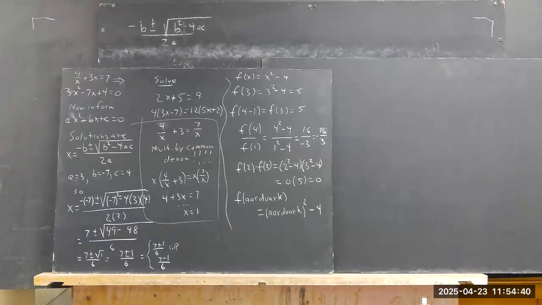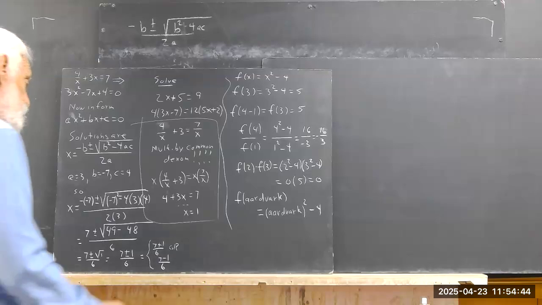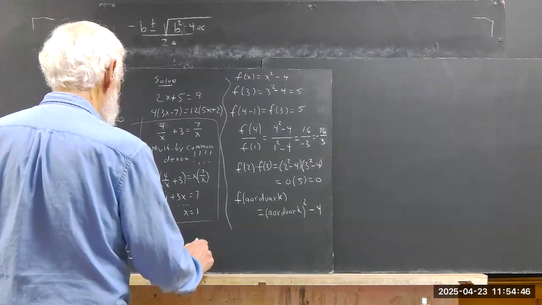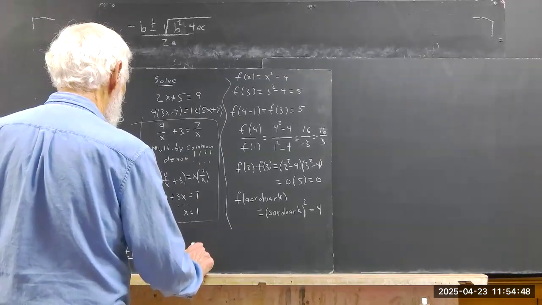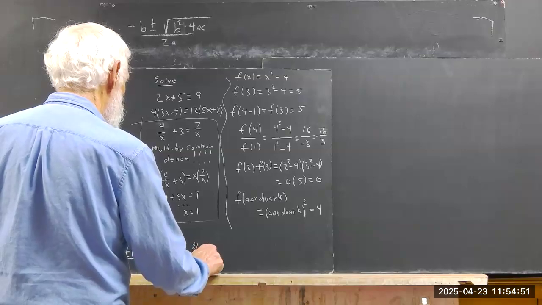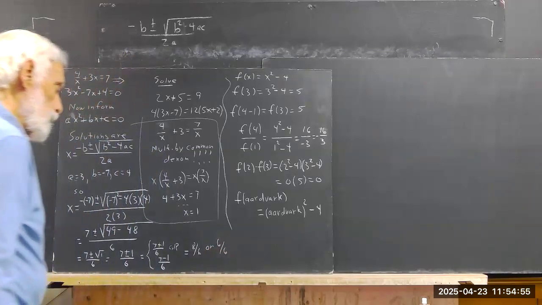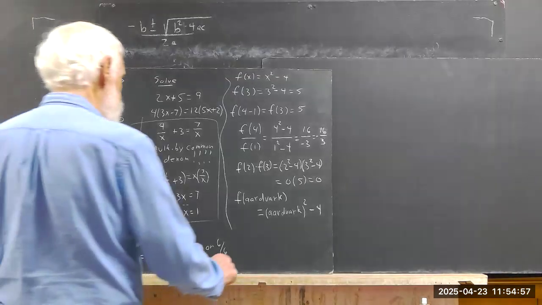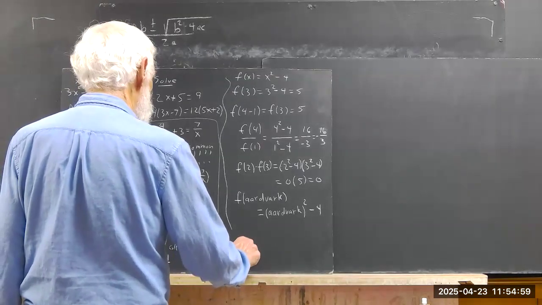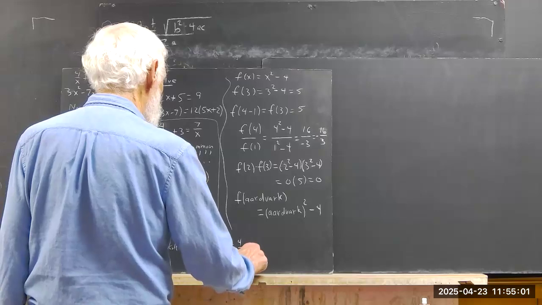Seven minus 1 over 6. And that equals six over six, which we can reduce to 4/3.